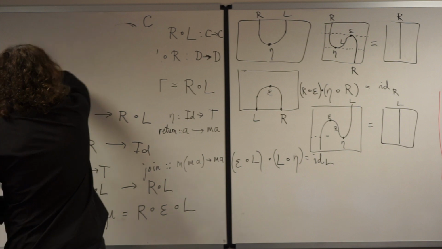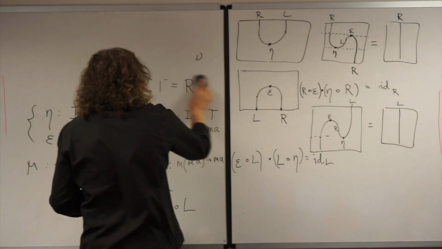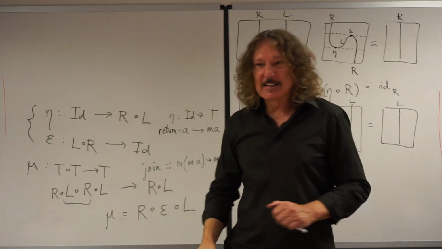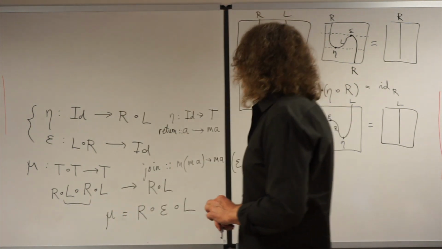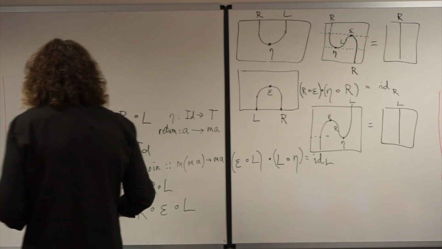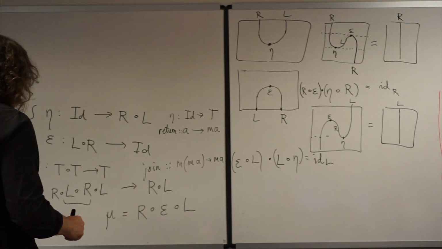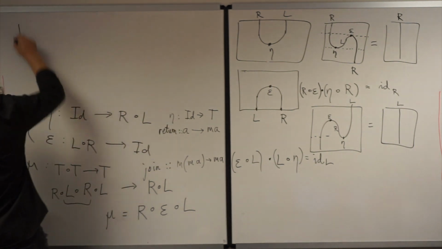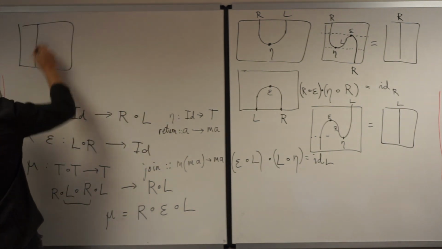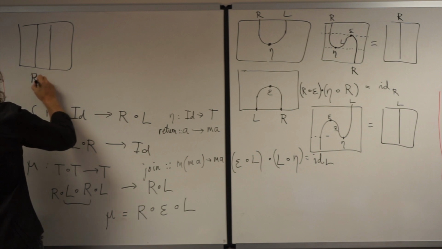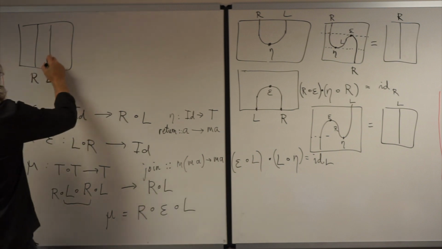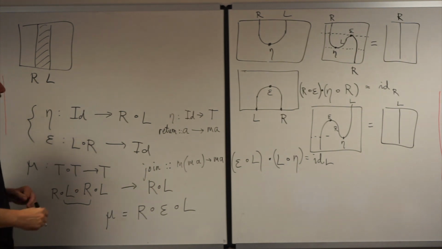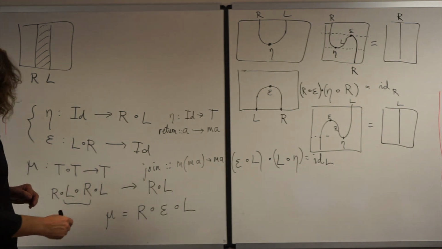And with string diagrams, you can do this very quickly and easily. So, string diagrams for this. Our T is R after L. So, it's a stripe, like this.